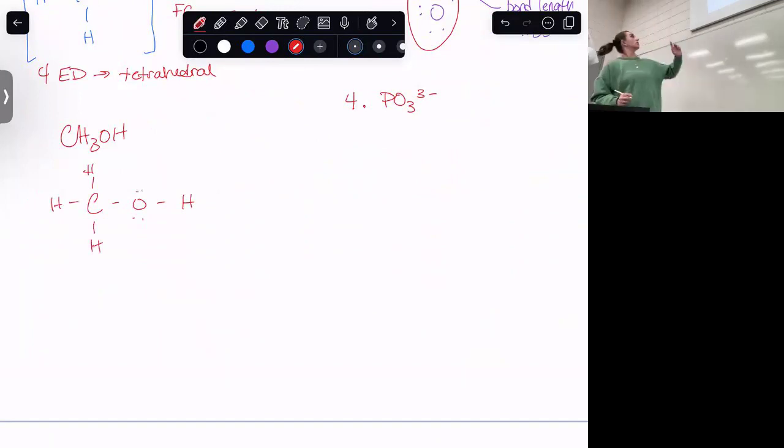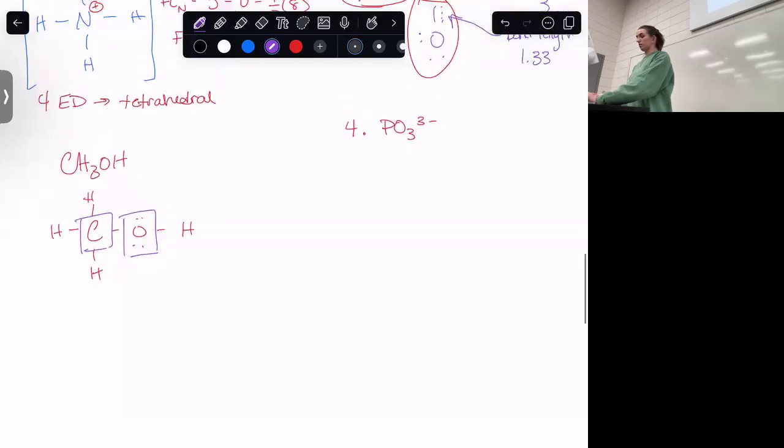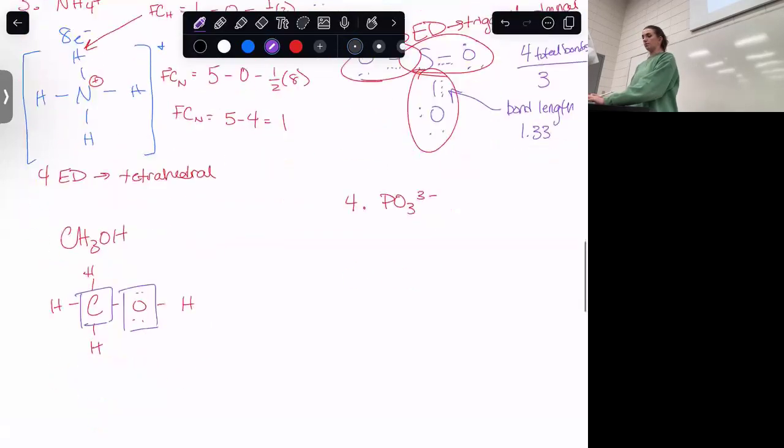In this case, we have 2 central atoms, the carbon and the oxygen. So in that case, you can have a structure for the carbon and you can have a structure for the oxygen. In both of these cases, they both have 4 electron domains, but you'll get more practice with that later on. All right, any other questions on NH4+?